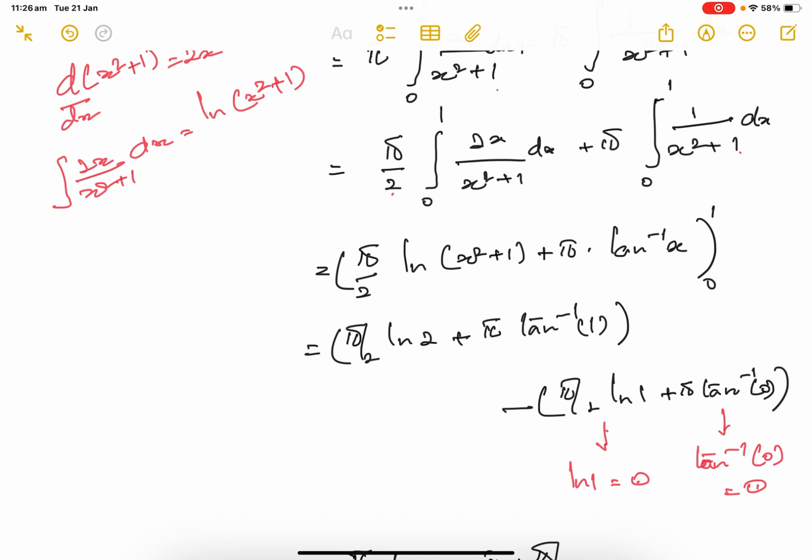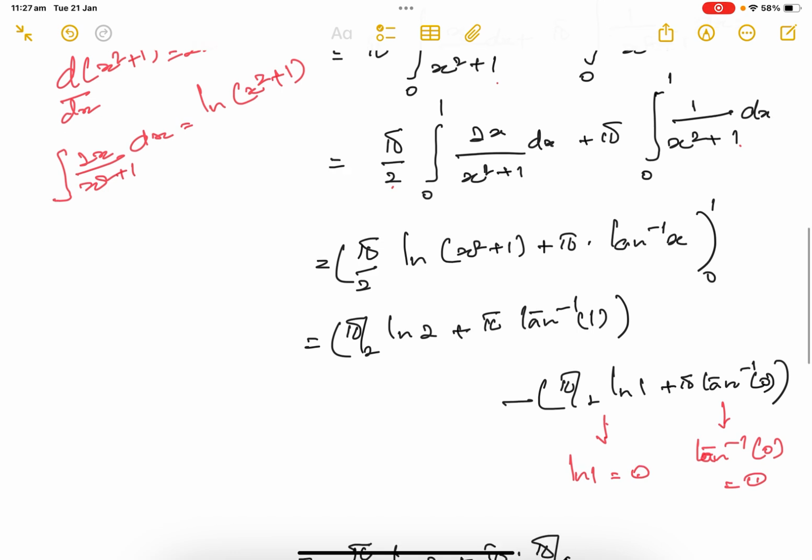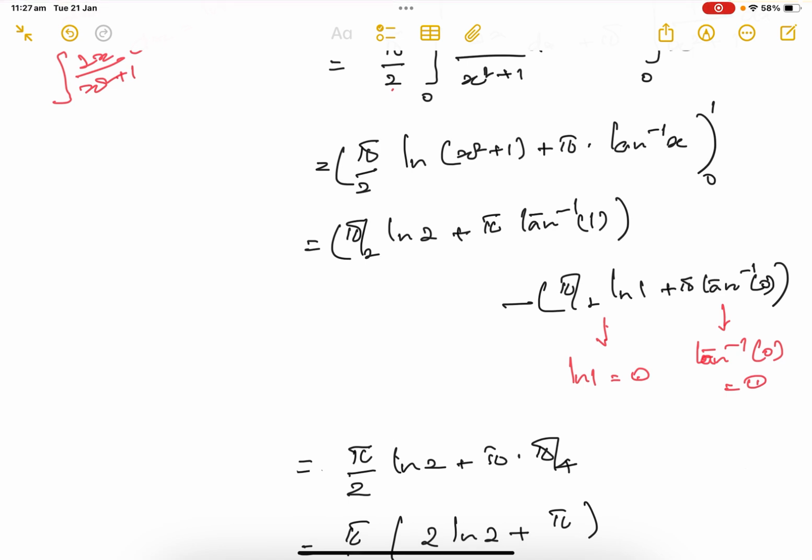So π by 2 log 1, since x squared is 0, plus π tan inverse 0. But log 1 is 0 and tan inverse 0 is 0, so the minus part is completely 0. If you don't know that log 1 is 0 and tan inverse 0 is 0, just look it up.